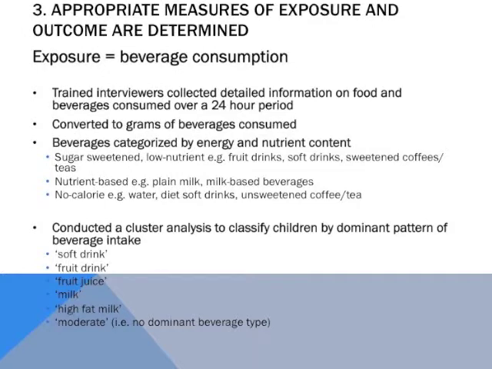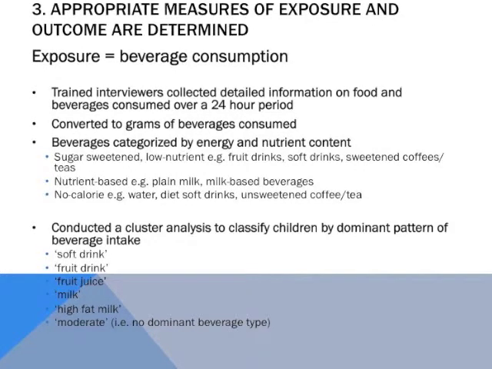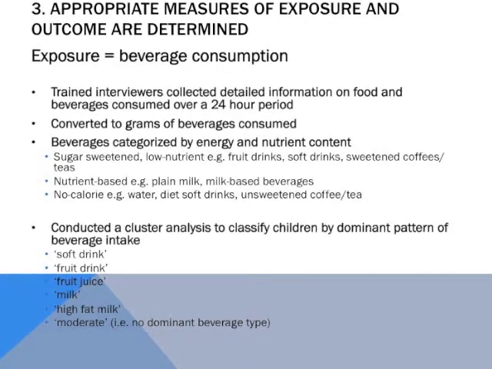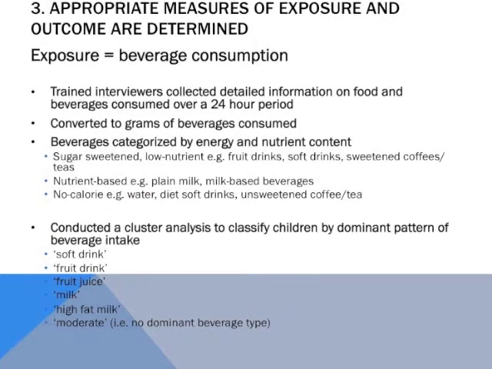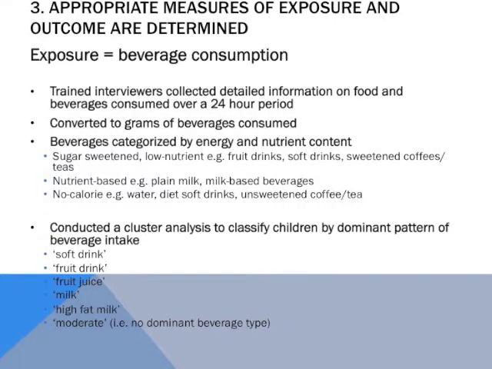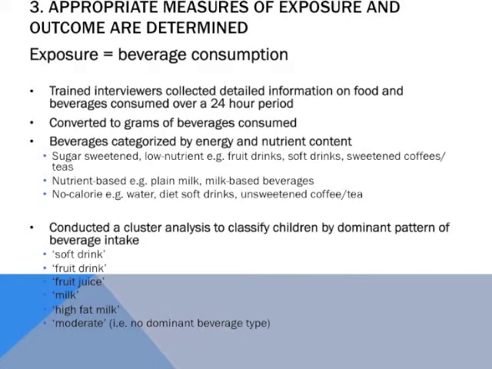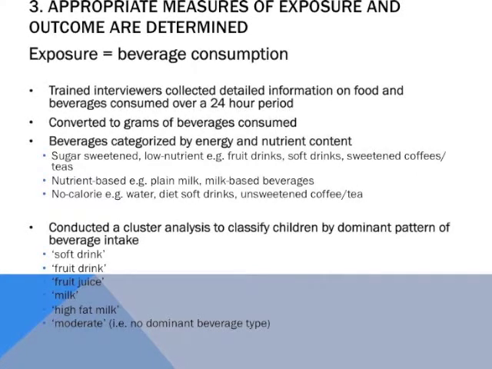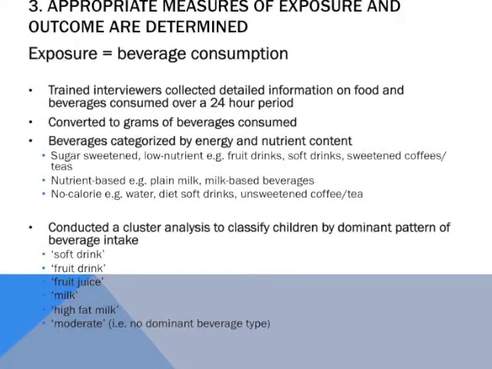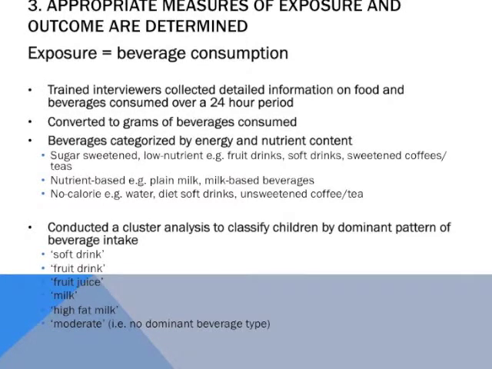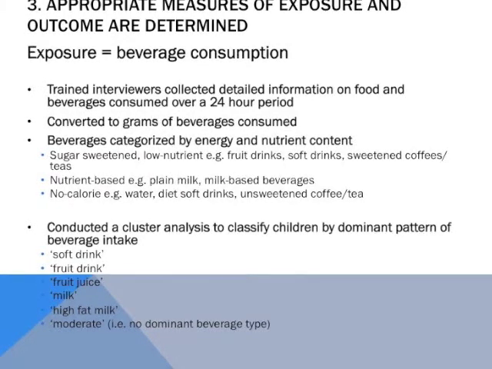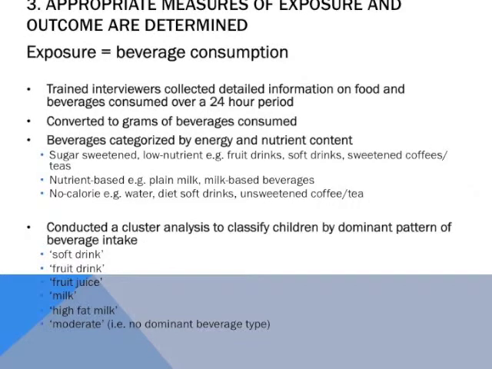Finally, the authors completed a cluster analysis, a statistical approach to grouping data so that items within the same group are similar, which enabled them to classify children by their dominant pattern of beverage intake, namely soft drink, fruit juice, milk, high fat, and moderate. In the moderate group, no single beverage type was consumed in greater quantities than others.